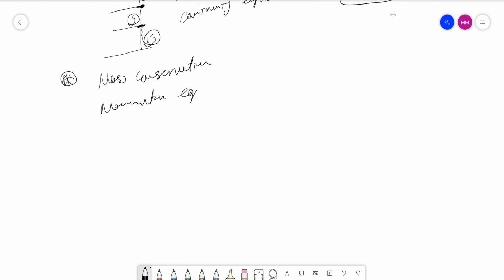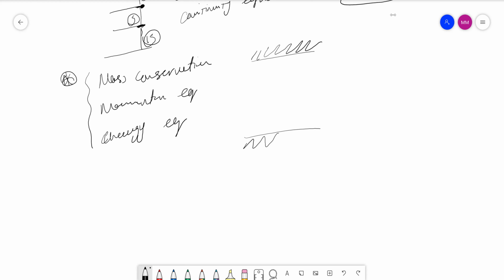We're not going to go to the energy equation. But the three main equations are always the mass conservation and the momentum equation and the energy equation. Okay. Before trying to write down the equations, let's see what we are dealing with. That's the first thing you want to always do, right?